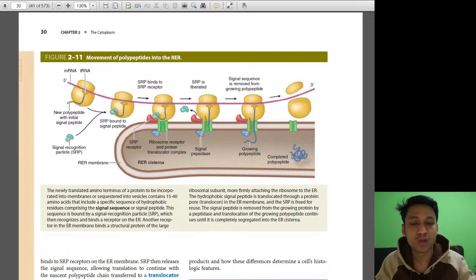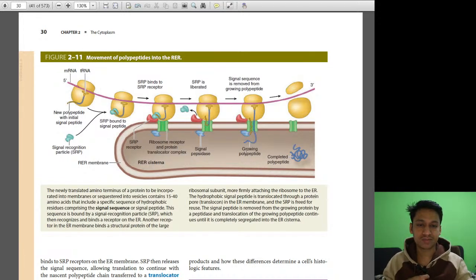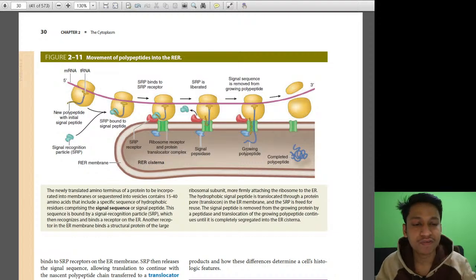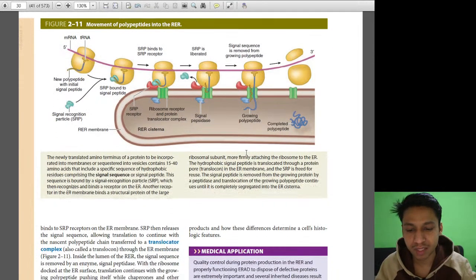Also, one more molecule here is the signal peptidase. And we can see here a growing polypeptide chain which is modified and which is completed. The quality check has been done.